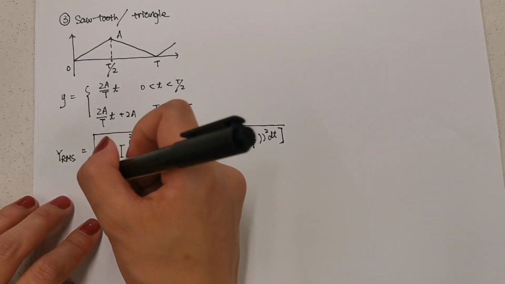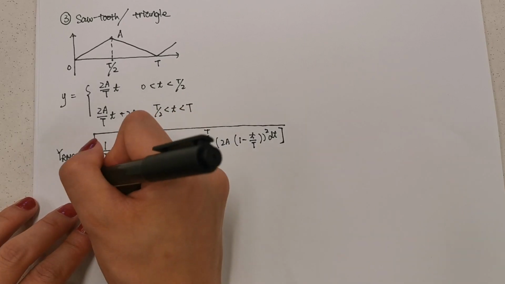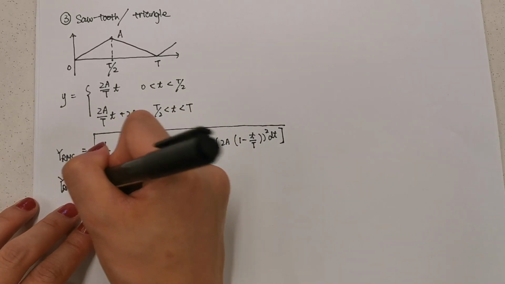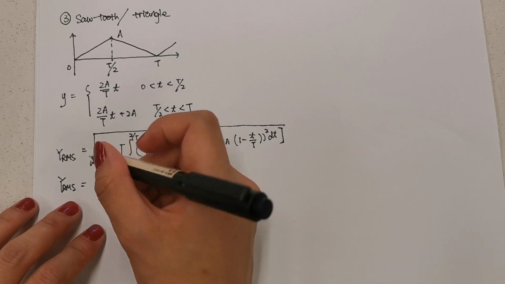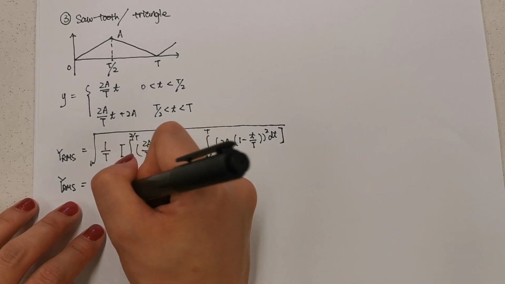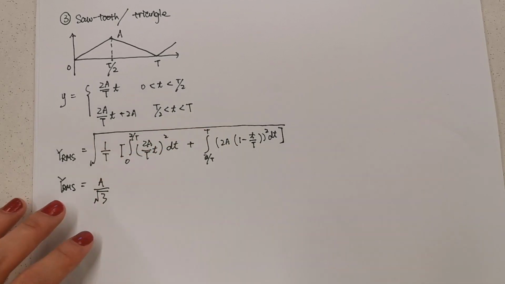Long story short, we get that the RMS value of the triangle waveform is A divided by square root of 3.